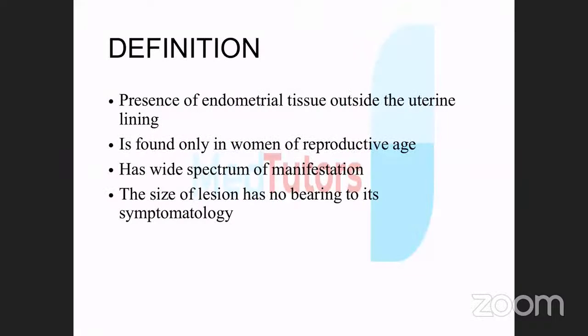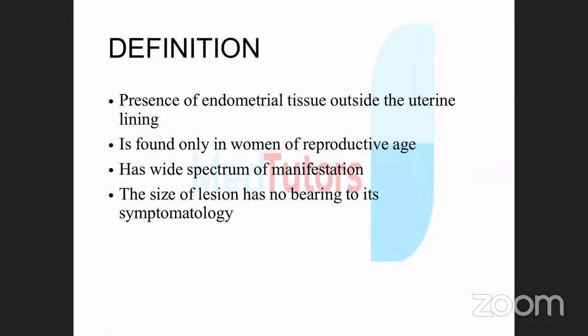Okay, we're going to look at endometriosis and adenomyosis. So, definition: endometriosis is the presence of endometrial tissue outside the uterine lining.